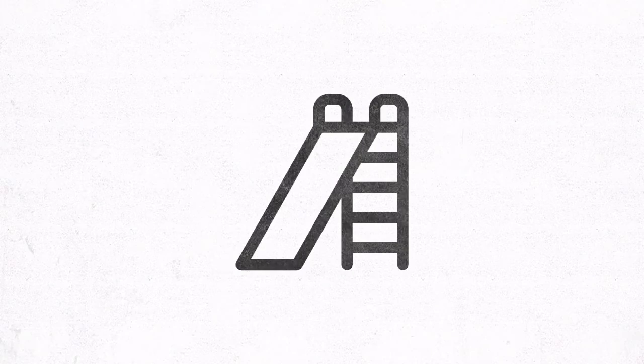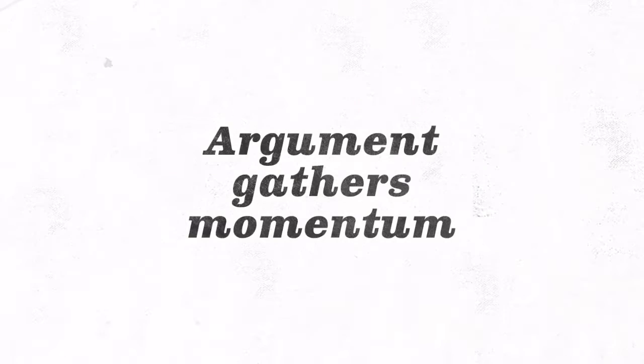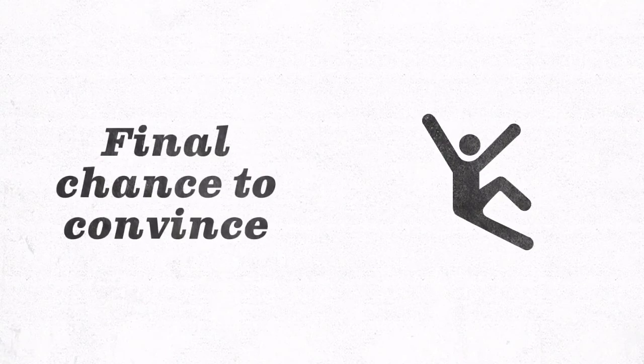It should feel like the reader is going down a slide and they're coming to an inevitable conclusion. Basically, your argument is gathering momentum and it is clear that you're coming to the final part of it. And to continue the analogy, you finish with one final statement, one final push of momentum so that they finish off the slide, stand up and are ready to move on knowing you were correct.